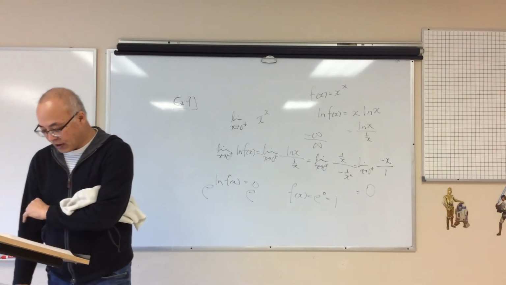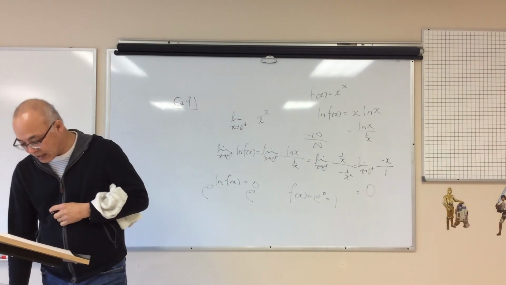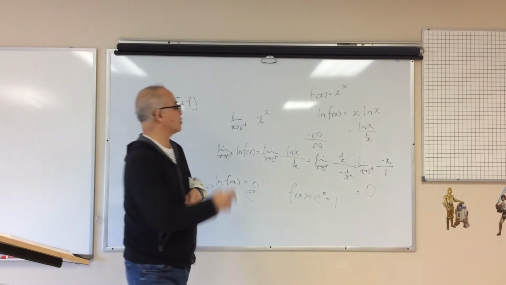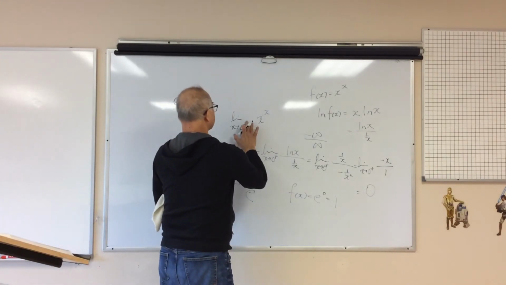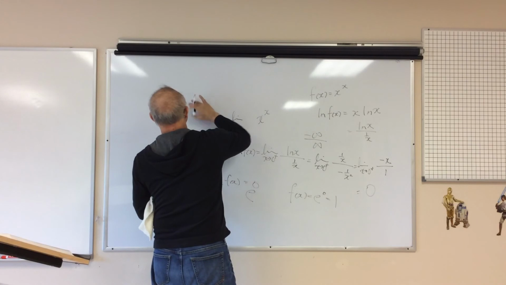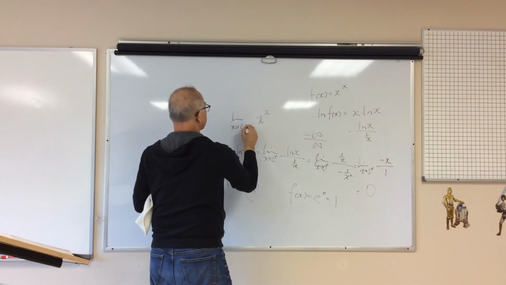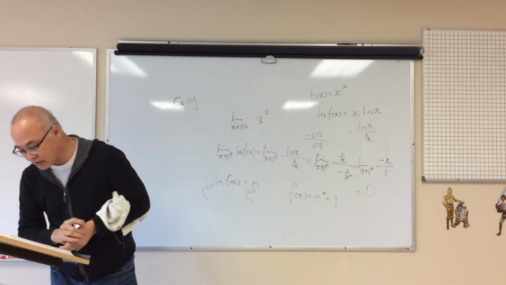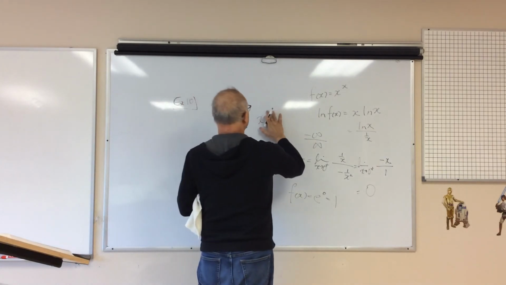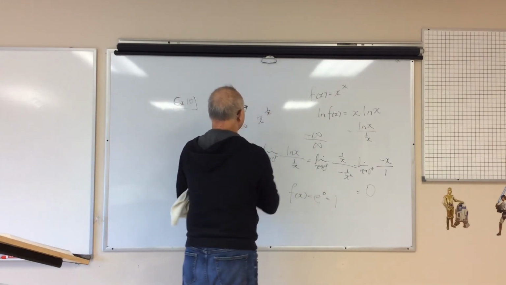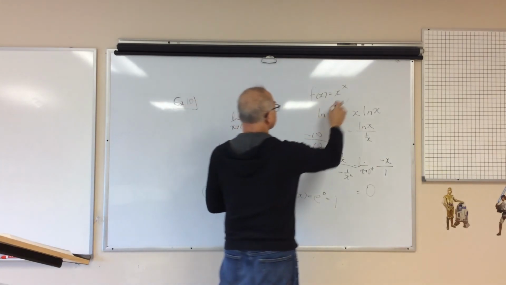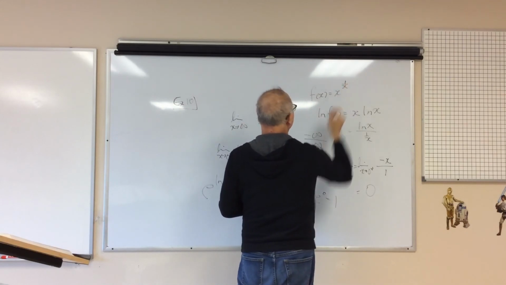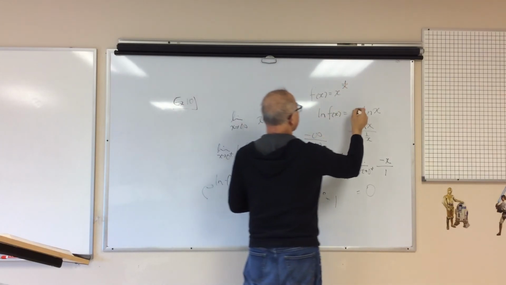And on the very last one, example number 10 says as x goes to infinity, they want us to find x to the 1 over x. So again, I'm going to take the natural log of both sides.